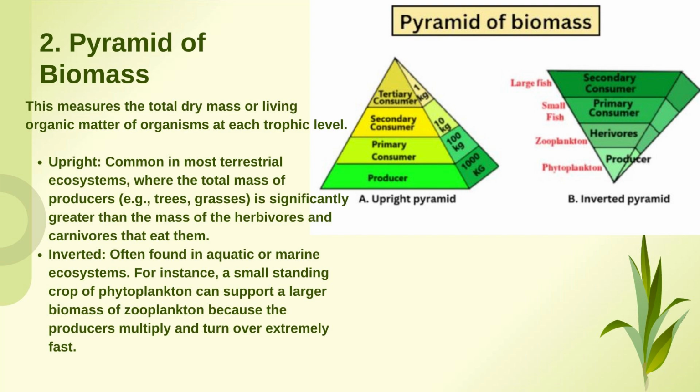So if we have 1 kg of grass, we have 500 or 5000 zooplankton which feed on this grass, but we have more small fishes which feed on this zooplankton, and finally large fishes feed on more small fishes here. So this will be inverted.